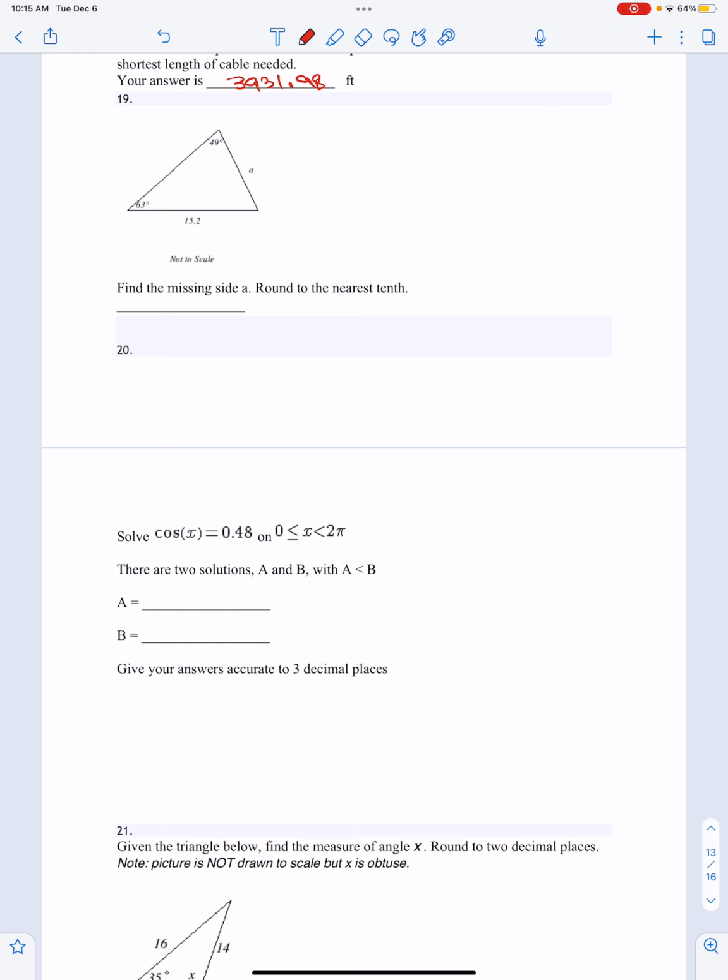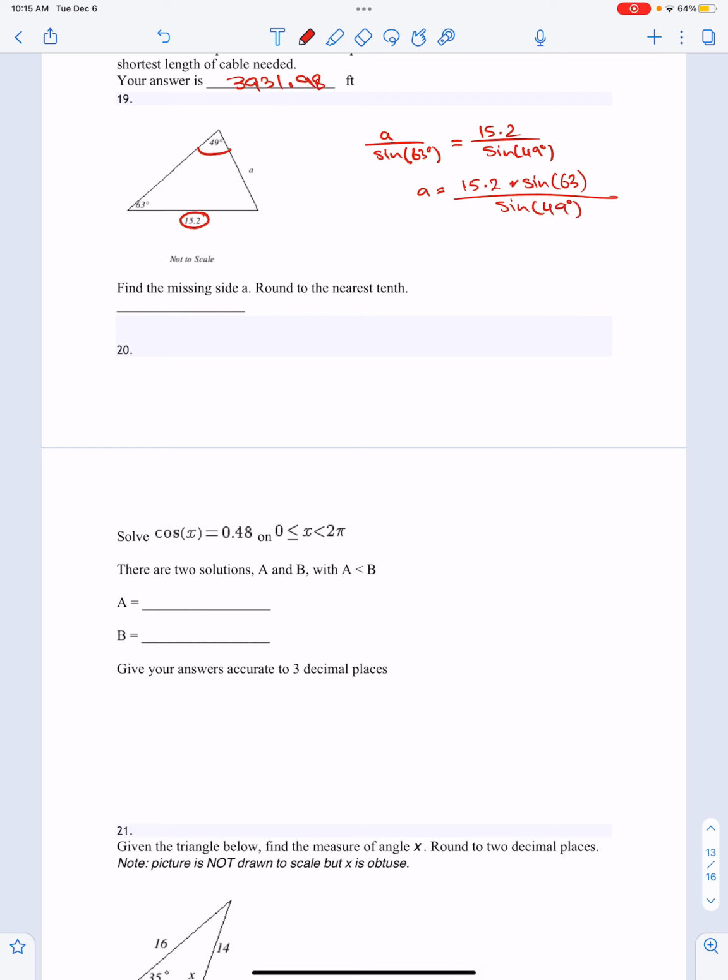Question number 19, we need to find the missing side A. We have the angle opposite to that side, so we can use the law of sines. A divided by sine of the opposite angle equals 15.2 over sine of its opposite angle, which is 49 degrees. So A is 15.2 times sine 63 divided by sine 49 degrees.